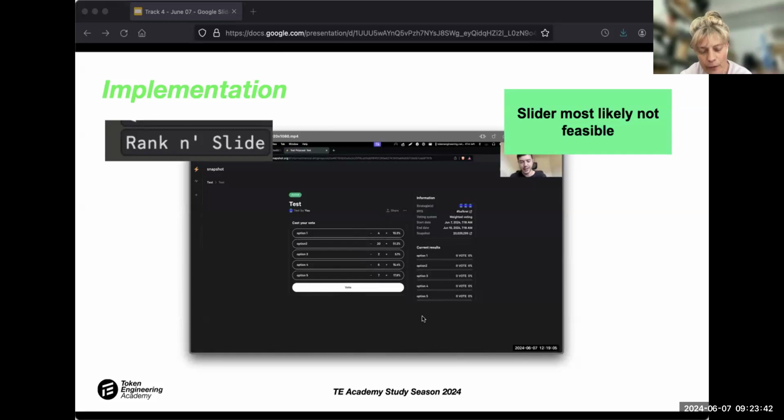And before we move on to the next mechanism, also take a look on the right side. Currently, the default setup in Snapshot is that at any point in time, if a voter votes, this vote is counted, and then the results show up on the right during the voting. And this has pros and cons.